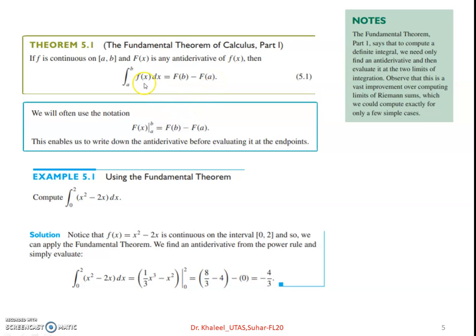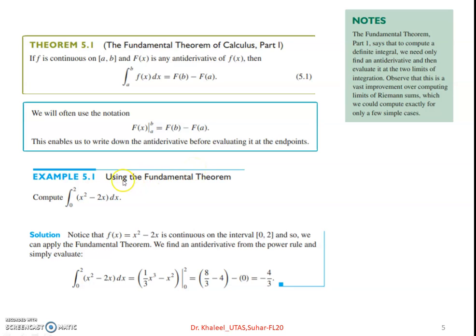It means capital F is the antiderivative of f, therefore the integration of small f is capital F. Then we assign the values a to b, that is the limits. Then we put x equal to b first, minus x equal to a. We have this, and note that this is always a number.